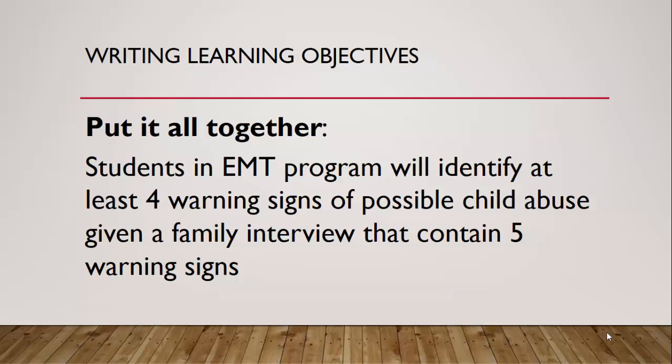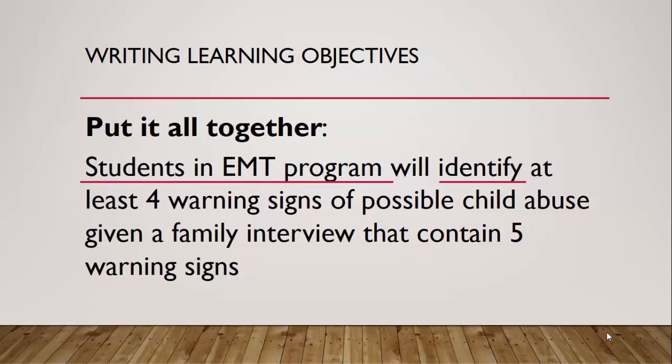Now put it all together. Remember, writing a clear objective is as easy as A, B, C, and D. You don't need to put your components in the same order. As you notice in our final objective, A, students in EMT program.